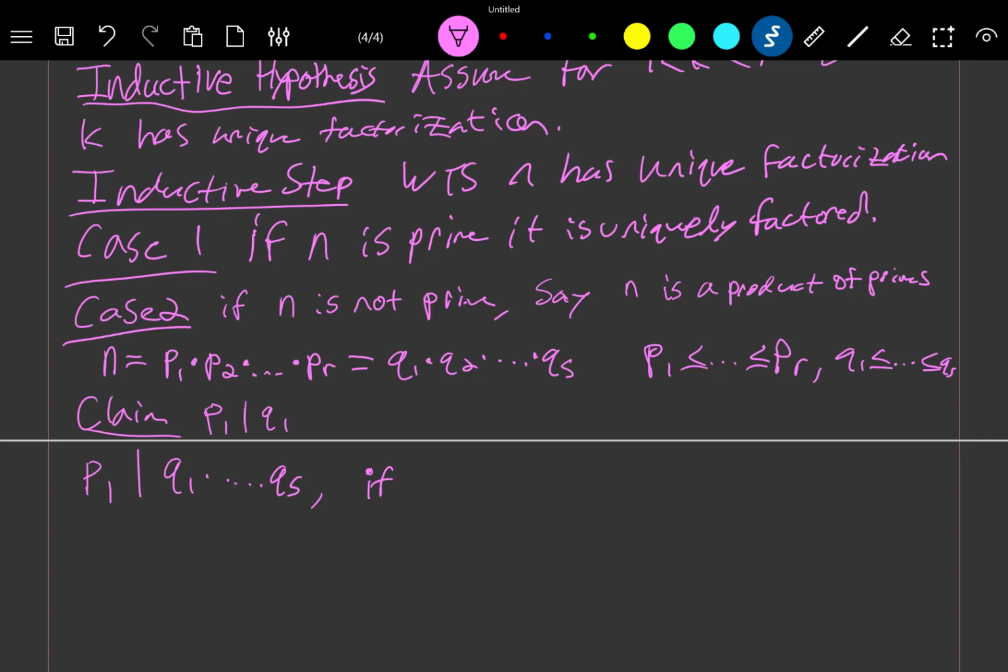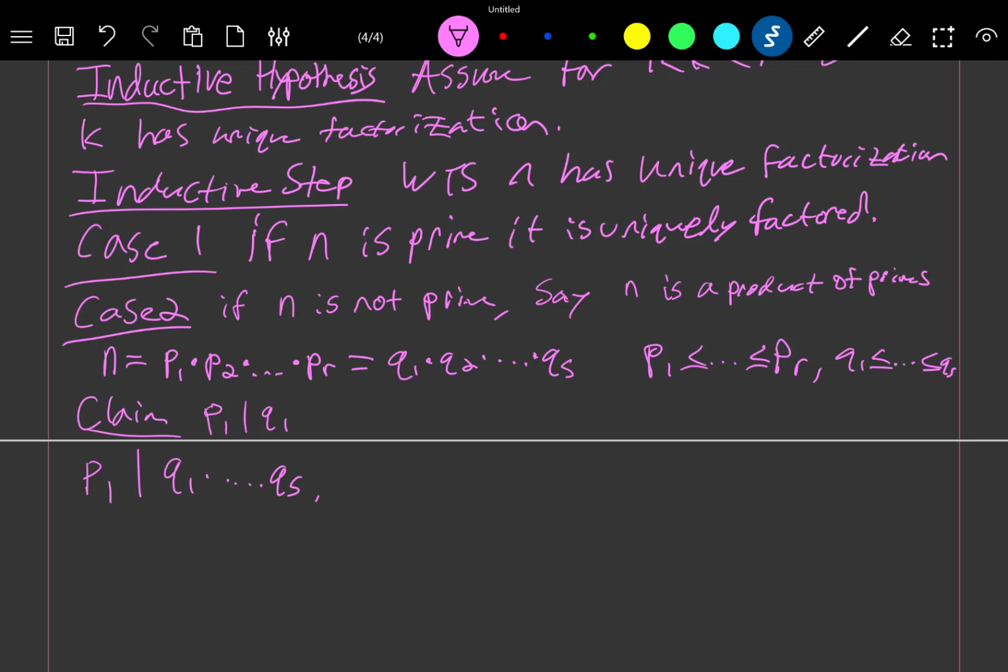Let me try and say this correctly. Again, what's going to happen here is we have another kind of induction, per se.